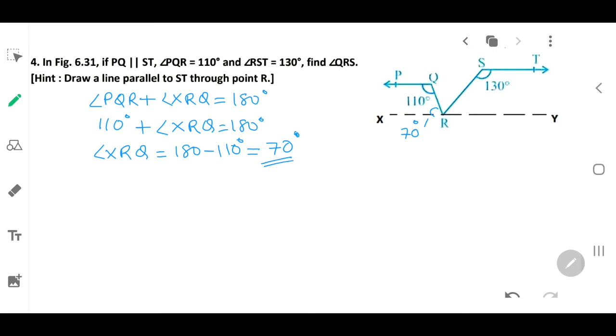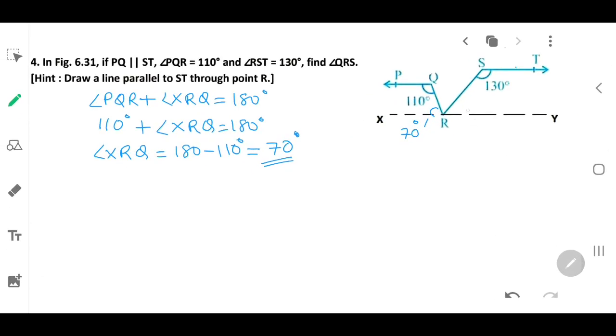Correct? Now here you see ST is also parallel to XY. Correct? Now if these two are parallel, then we can tell alternate interior angles are equal. So which are the alternate interior angles here? RST, and the other one XRS. So you have to take XRS.